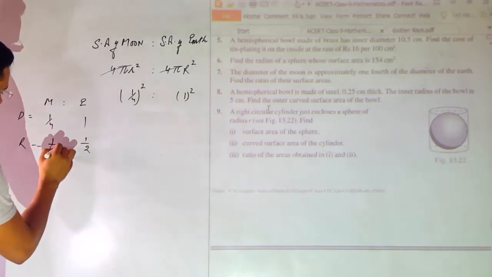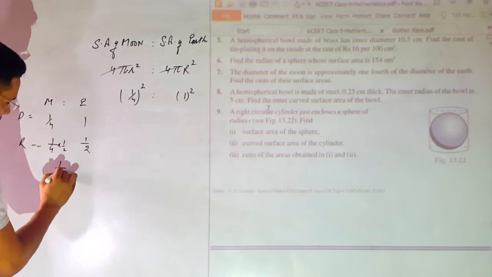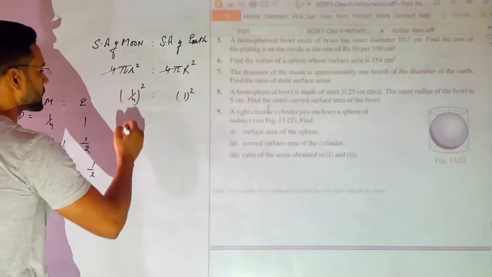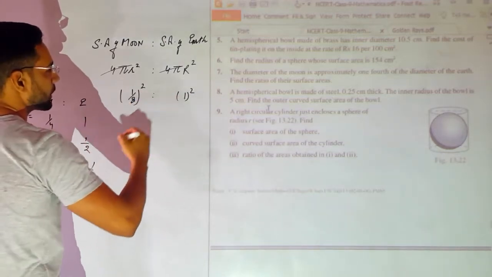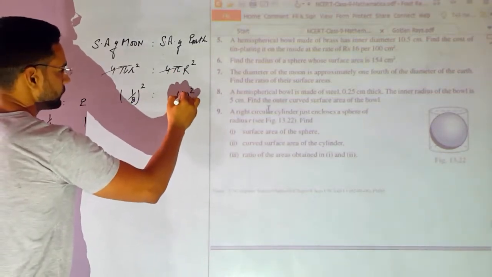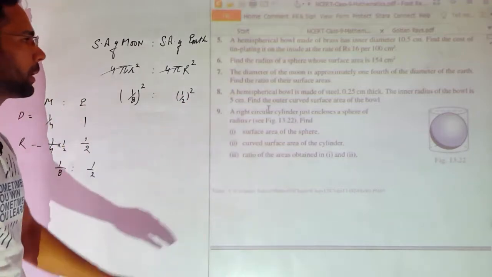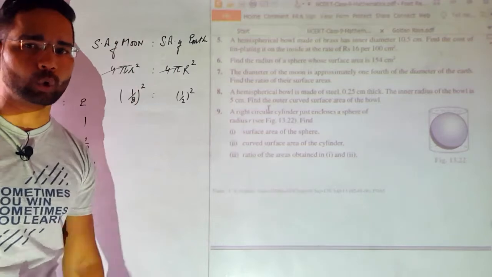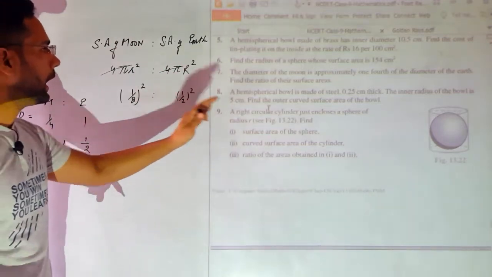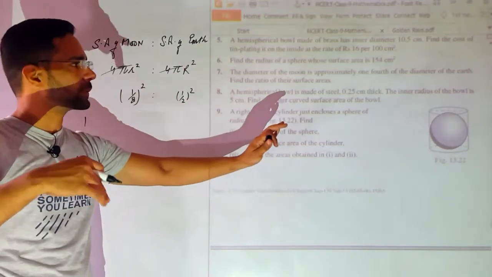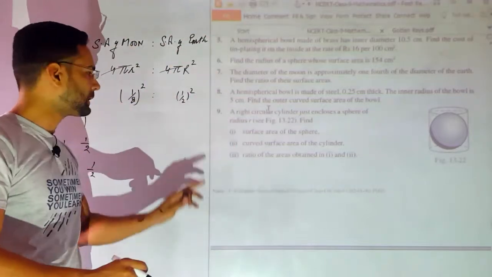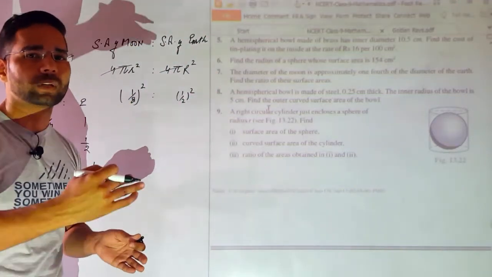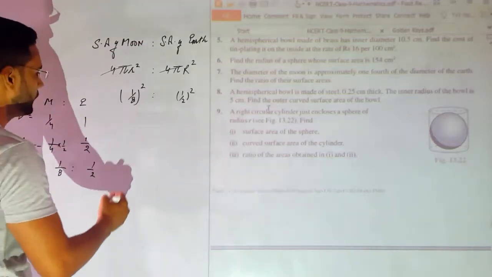Because if the diameter of the Earth is 1, then the radius will be 1/2. And the diameter of the moon is 1/4 of the diameter of Earth, so the radius will be 1/4 into 1/2, which means 1/8.